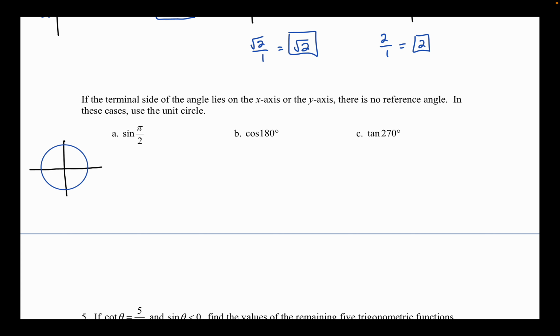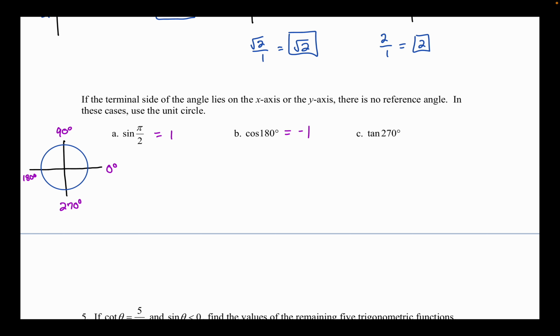we have 0 degrees, 90 degrees, 180, and 270. So think about the coordinates there. So sine of pi over 2 is the same thing as sine of 90, and that's just going to be 1. Cosine of 180 is the same thing as cosine of pi, so it's going to be -1.